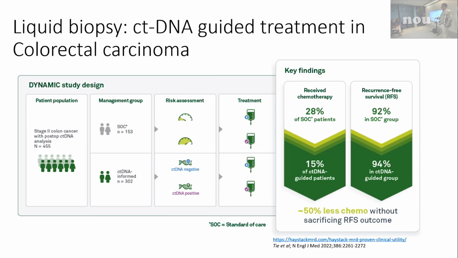And I think where the field is heading in humans as well is that they start looking into using cell-free DNA as a biomarker on which patient to treat versus which patient not to treat. And this is actually patients with stage 2 colorectal cancer, where they enroll them in either a standard of care, where they follow the normal guidelines, or a circulating tumor DNA informed approach, where if they detect circulating tumor DNA in the patient, they treat the patient.